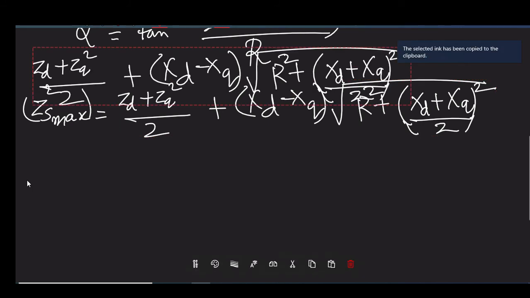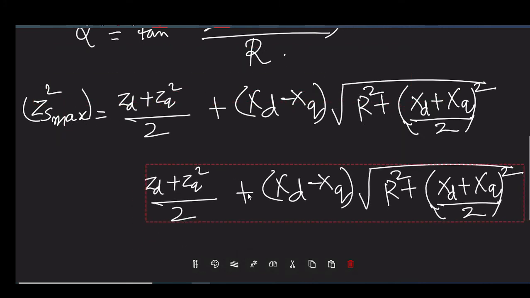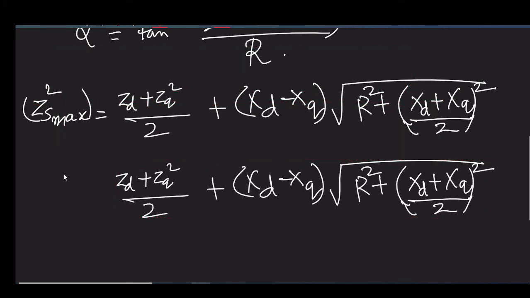One is +1, another one is -1. So we will get ZS min square is equal to, this will only become minus. So that is the minimum and maximum value.